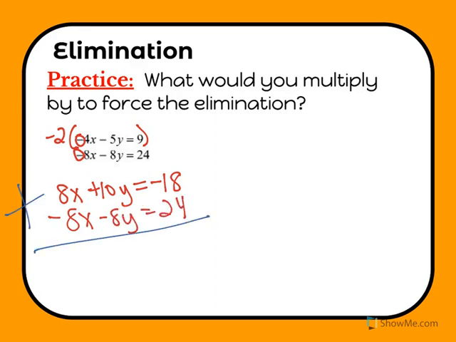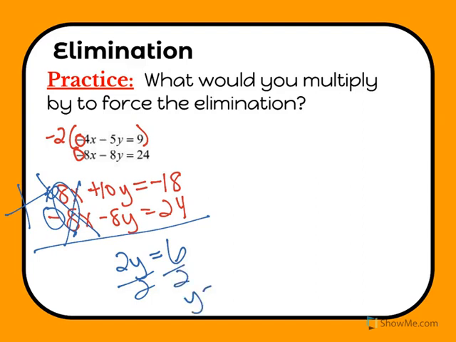And we can add those up. We're going to eliminate our x's because they are now opposite signs and the same coefficient. 10y plus negative 8y is 2y. Negative 18 plus 24 is going to be a positive 6. Divide by 2, y equals 3.